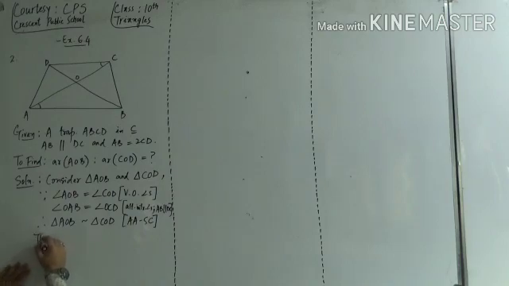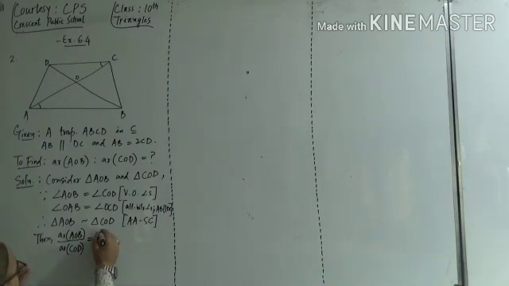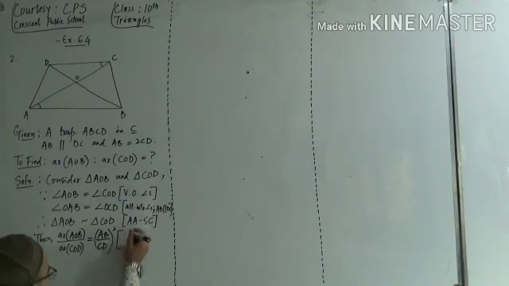Then I can say area of AOB divided by area of COD is equal to (AB by CD) whole square, again by theorem 6.6, the ratio of areas under similarity.